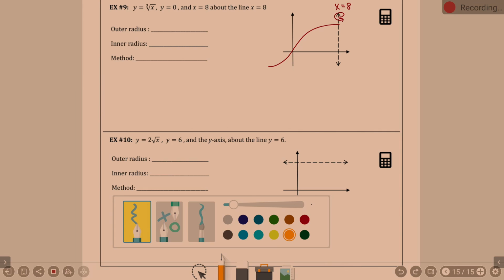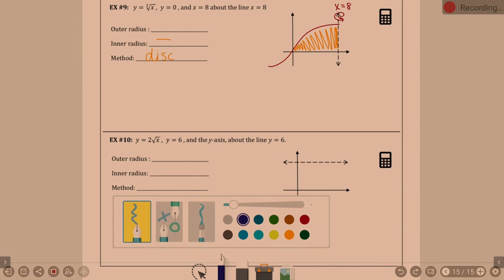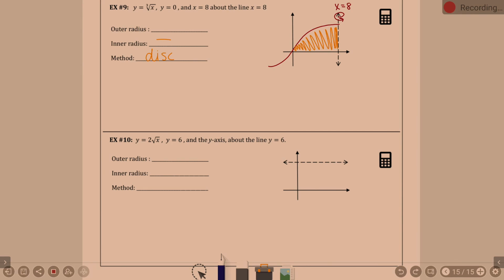So what are we rotating? That piece again, yes? What do you notice? Two problems in a row. It's a disk problem, which means I just really have to find my outside radius, or my main radius. From the rotation axis to the curve, what are we thinking here? 8 is on the right minus, what's the catch?